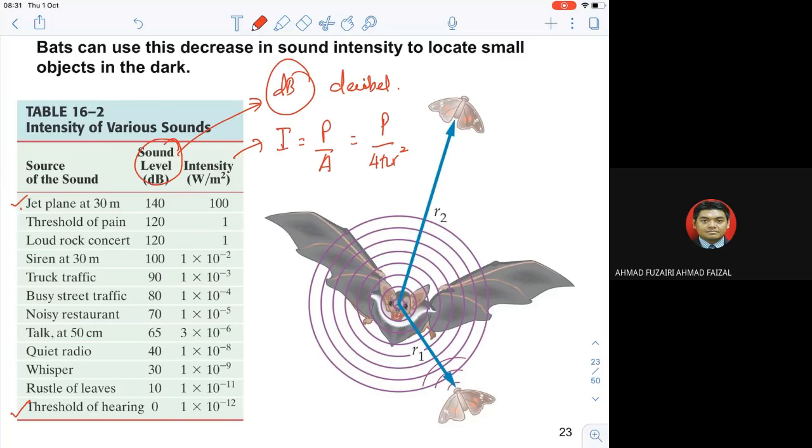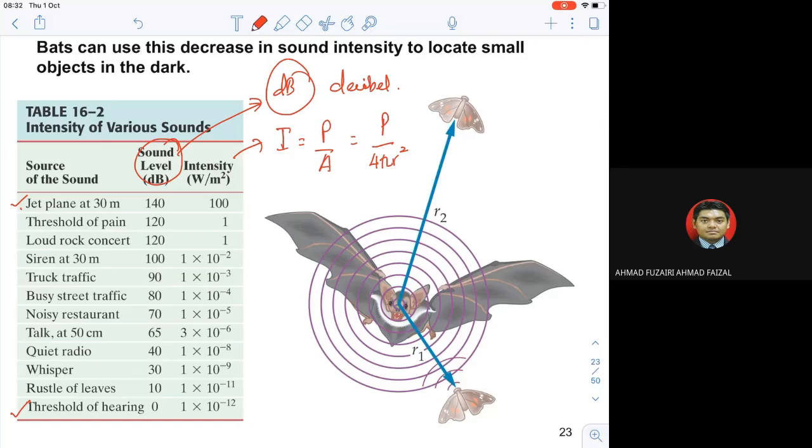A threshold of pain, a loud rock concert, a siren at 30 meters, truck traffic, busy street traffic, maybe a quiet radio, a whisper. That all will have a different sound level and also sound intensity.